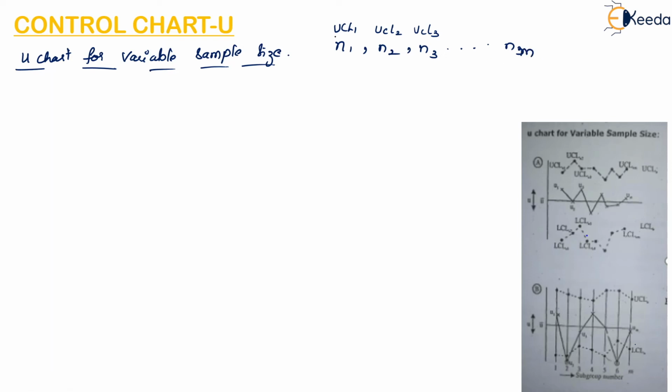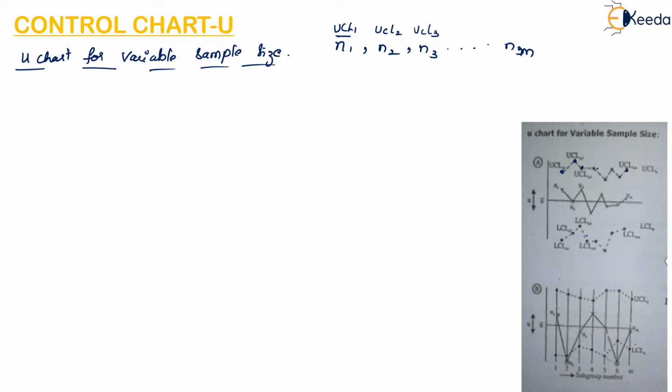So in this way, these upper control limits are plotted on the graph like this. This is upper control limit 1, this is upper control limit 2, this is 3, and this way till the end we are plotting these upper control limits for each and every sample.